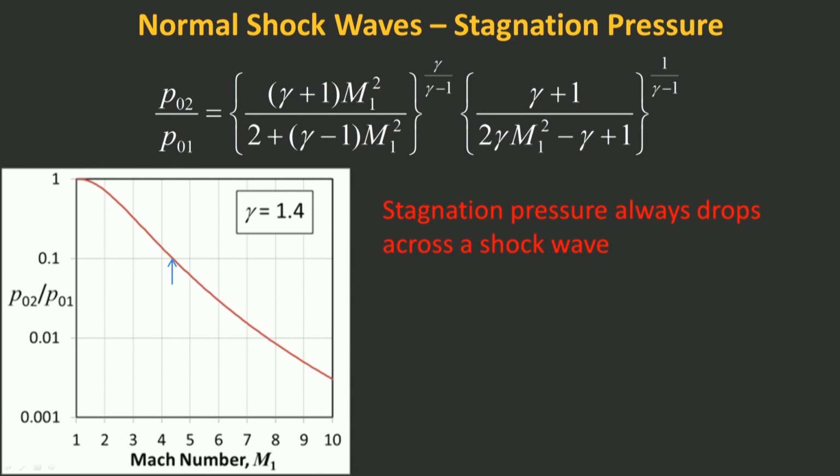And therefore, for all hypersonic Mach numbers, we'll lose more than 90% of the stagnation pressure. At about Mach 7.7, we lose 99% of the stagnation pressure across a shock. So for high Mach numbers, we get a large loss of stagnation pressure across a normal shock wave.